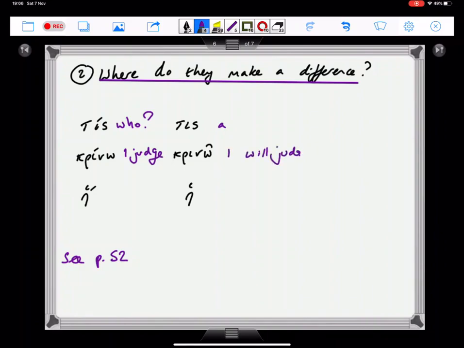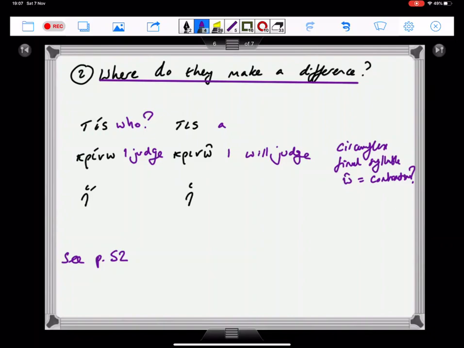There's a certain category of verbs whose future involves a contraction of a vowel, and contractions are often shown by circumflexes. So if you see circumflexes on a final syllable, then quite often you've got a contraction in there. And that contraction can then help you work out what's going on with this word grammatically.